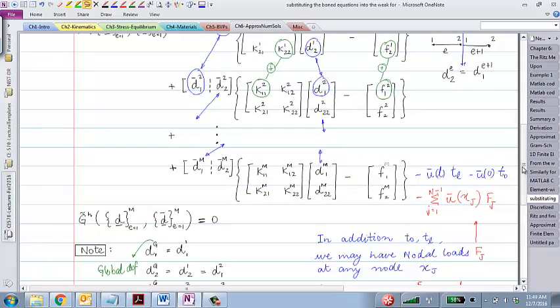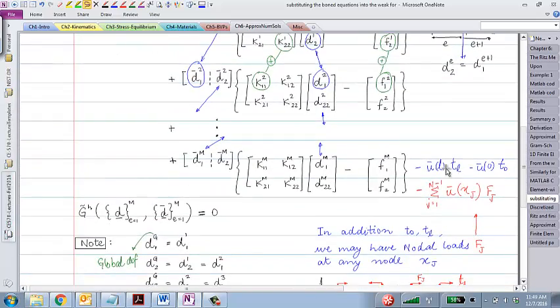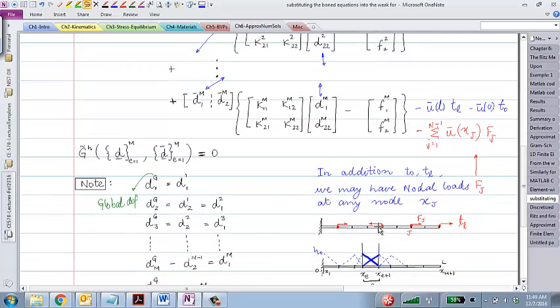And at the end, we do add the boundary terms, any traction at the right end, any traction at the left end, which is these two quantities. And in addition, in finite elements, it's easy to add nodal forces at specific degrees of freedom as well.